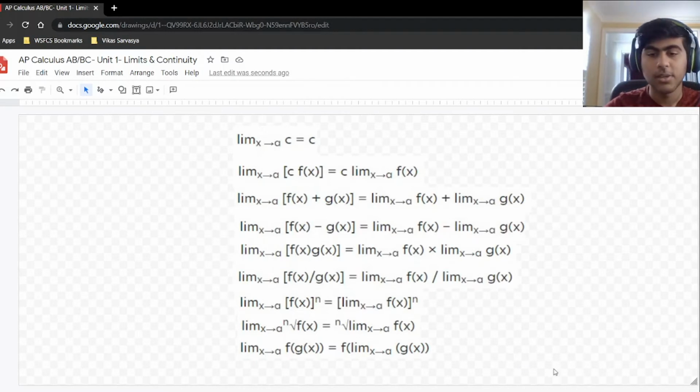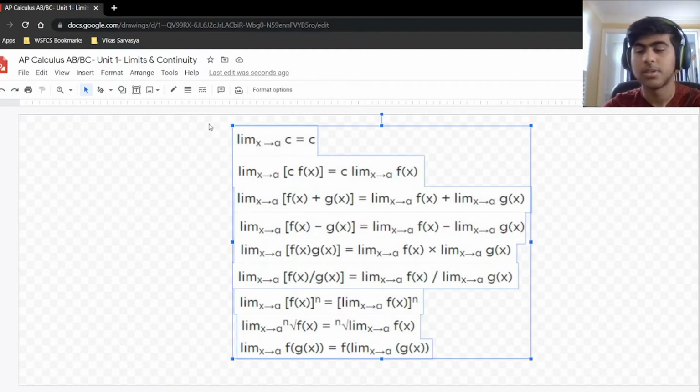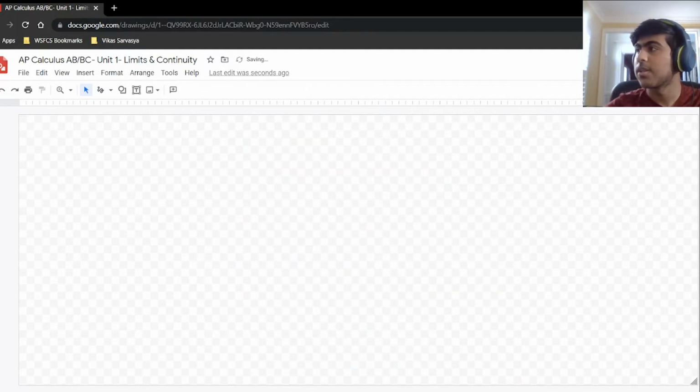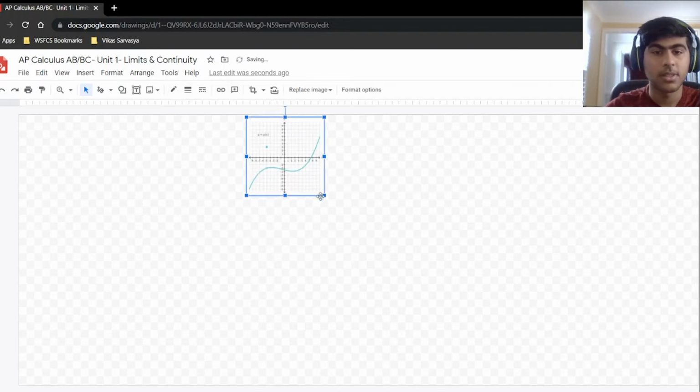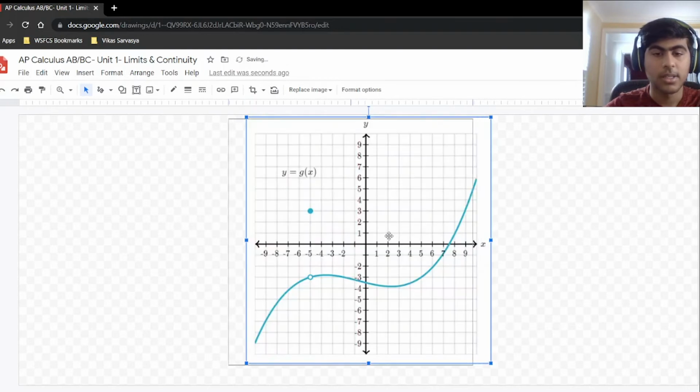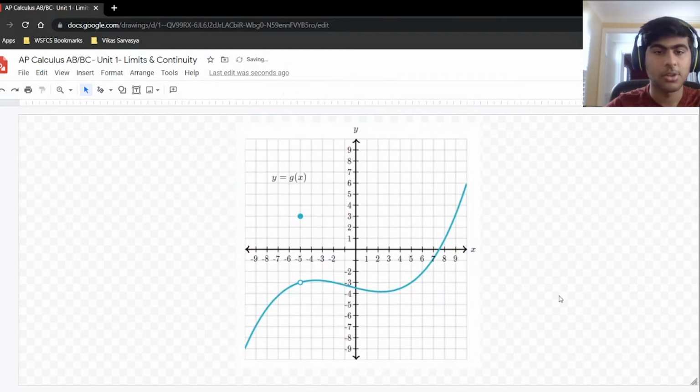Let's see what we can do with a different subject. This is about continuity, the second part of this unit. Now, here's a graph. Looking at the graph, does it look continuous?